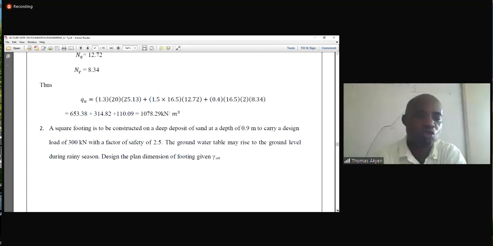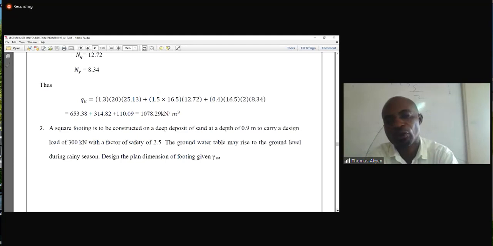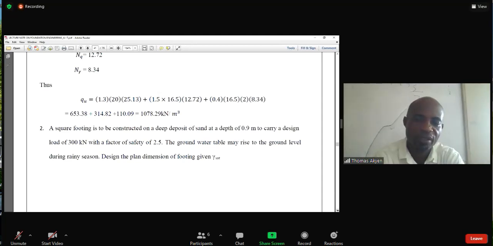So then when it comes to the second question, we say a square footing is to be constructed on a deep deposit of sand at a depth of 0.9 meter to carry a design load of 300 kilonewton with a factor of safety of 2.5. The groundwater table may rise to the ground level during rainy season.